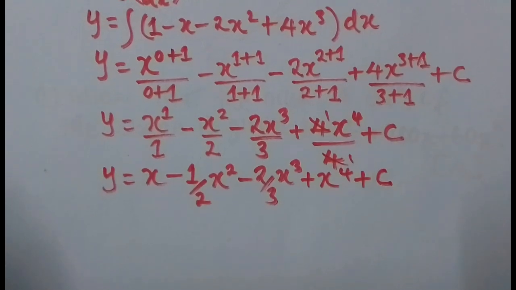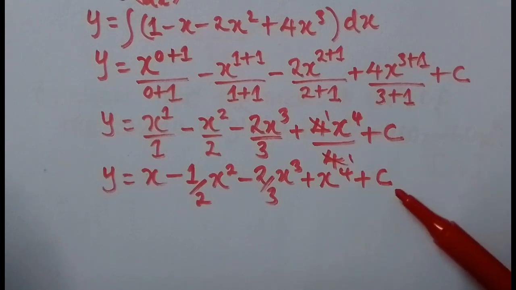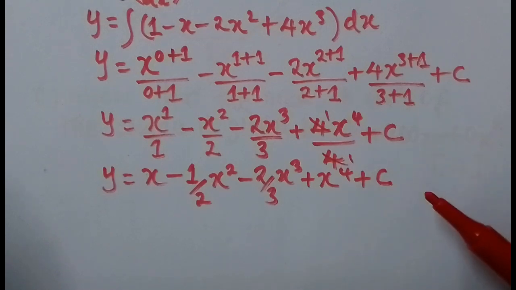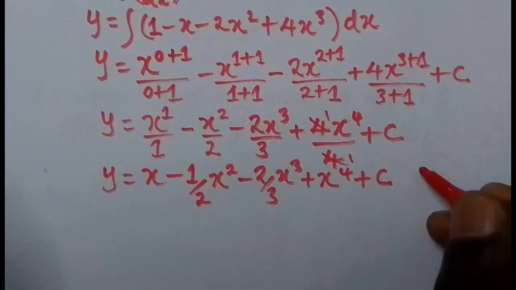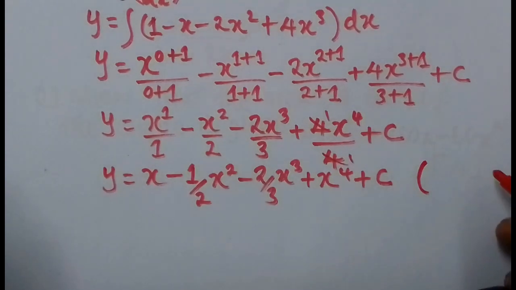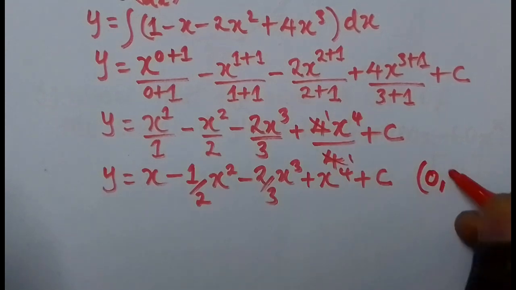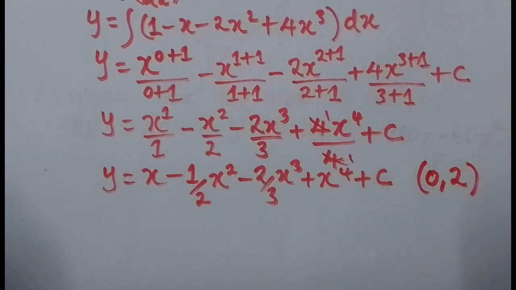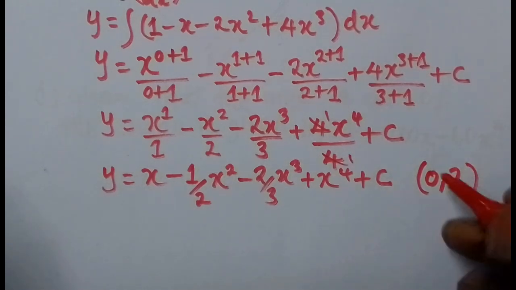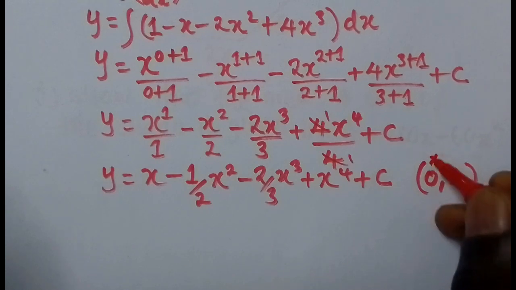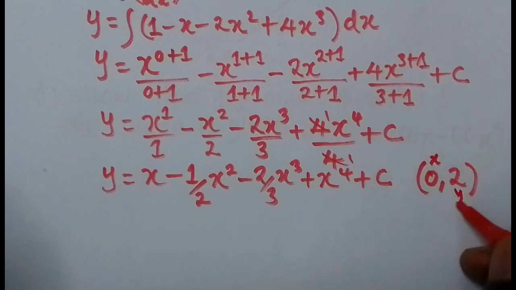So here we've gotten our equation, but on the constant we still have a c, so we need to find the value of c. To find the value of c, since this equation passes through the point (0, 2), we are going to use this point, which means the value of x is 0 and the value of y is 2.